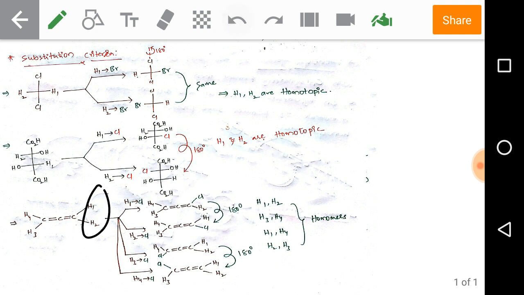Okay, right. And check H3 and H4 here, and by passing Cn, that means a C2 axis of symmetry through the stereoisomer, we can get another stereoisomer. Okay, so by that we can say H3 and H4 on the given molecule are in homotopic relationship.